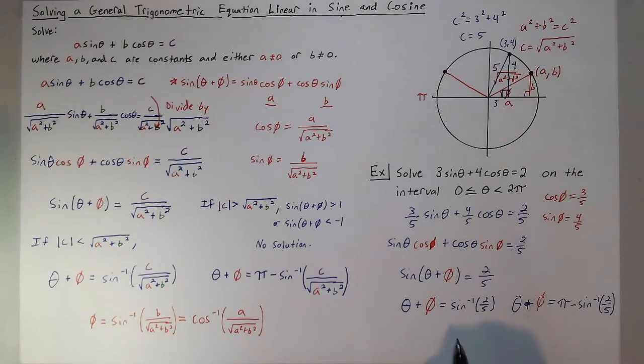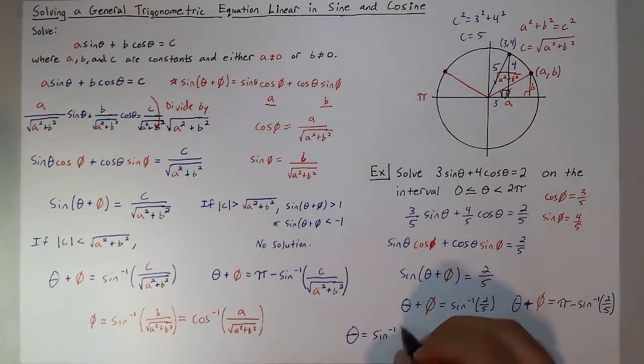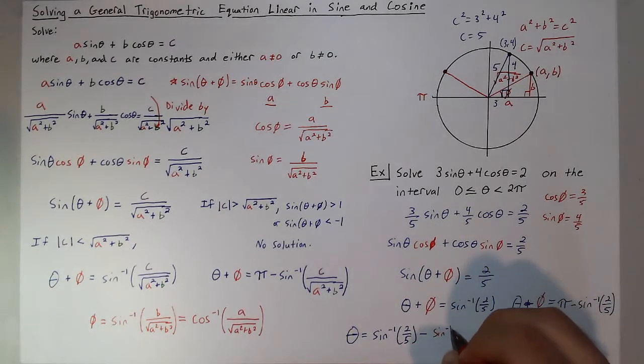And then to get my final solution, I just have to subtract phi from both sides. And what that looks like would be sine inverse of 2/5 minus phi, which happens to be sine inverse of 4/5.